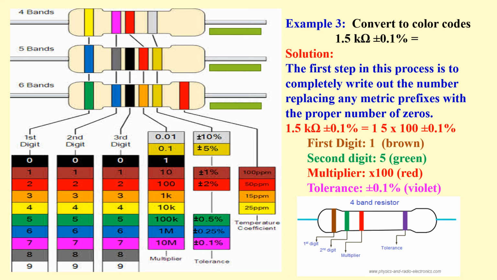First digit 1 is brown. The second digit 5 is green. The multiplier times 100 is red. And the tolerance 0.1% is violet. Therefore, we have a 4-band resistor, first brown, then green, then red, and finally violet.